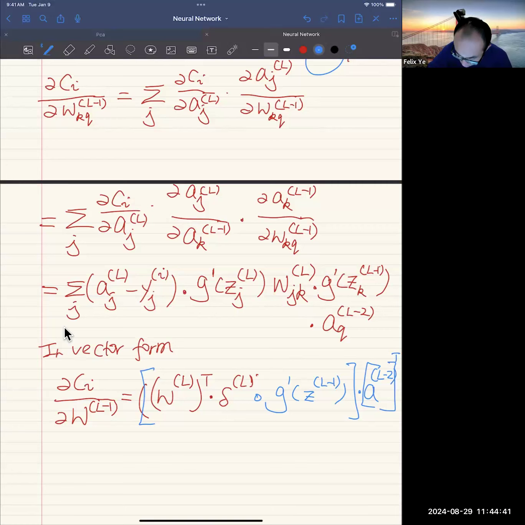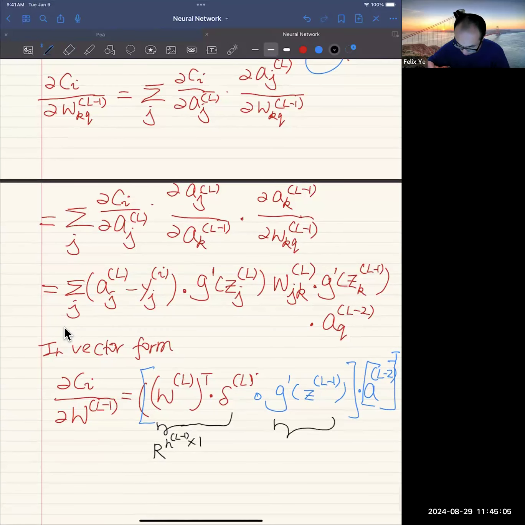If we look at the whole dimension right here, it's a matrix times a vector, so this gives you H^(L-1) by 1 as the column right here. This also gives you H^(L-1) by 1.